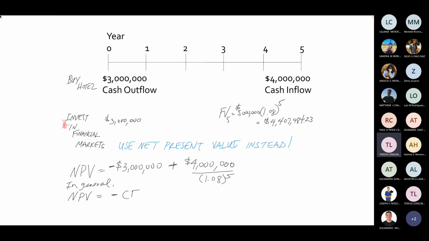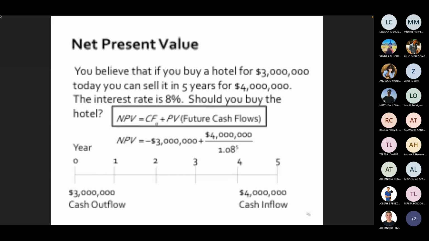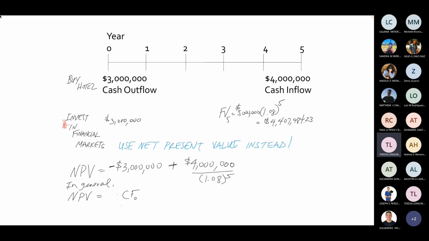Let me see my notation. Okay, the initial cash flow. I'm not going to put a negative because the initial cash flow will be negative in an investment. And then plus, I have to keep looking at my formula, sorry. We're just going to say the present value of future cash flows. So the initial cash flow, CF0, is less than 0 for investments.